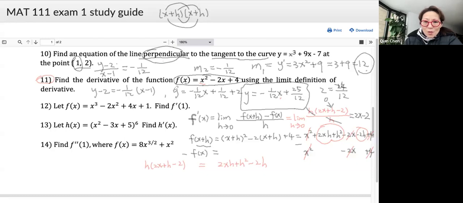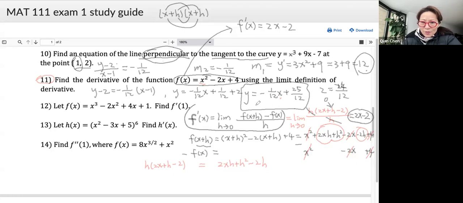2x minus 2. Well, we could check using the power rule, right? What's the derivative of f of x? That's exactly 2x minus 2. But this is going through the definition of a derivative using the limit. That's the definition, and it works for any kind of function.